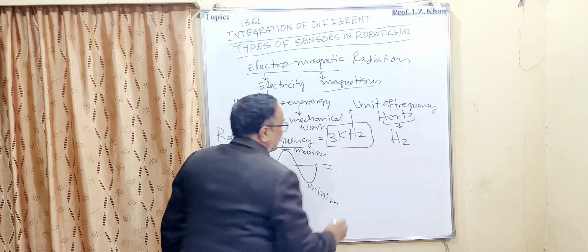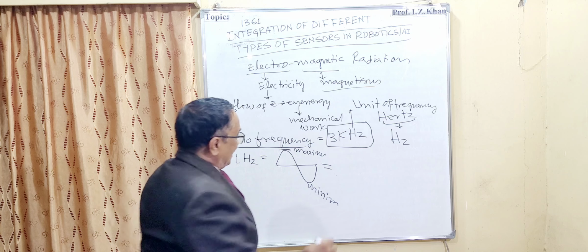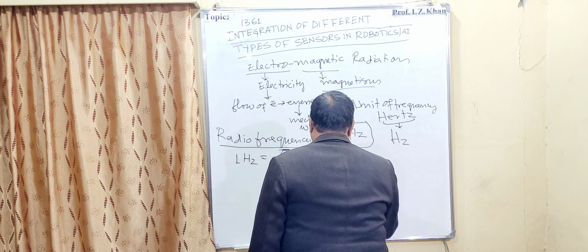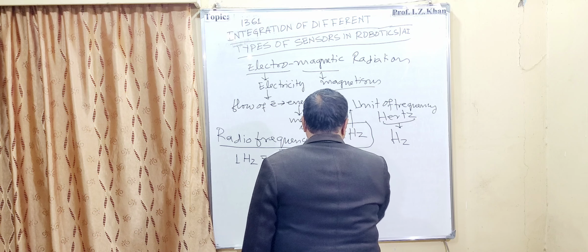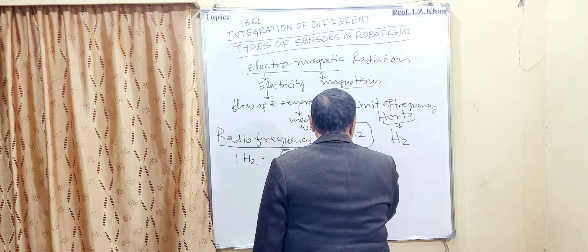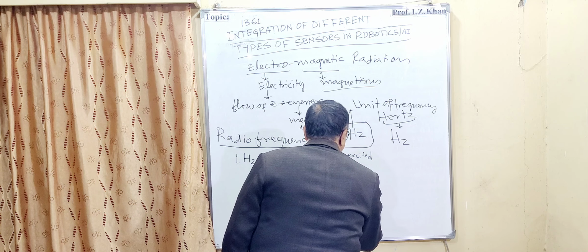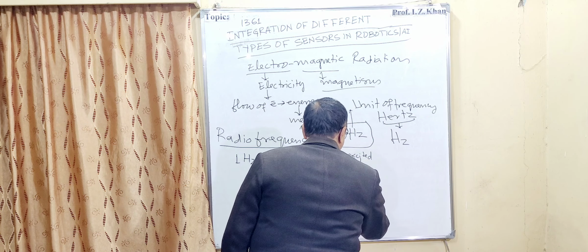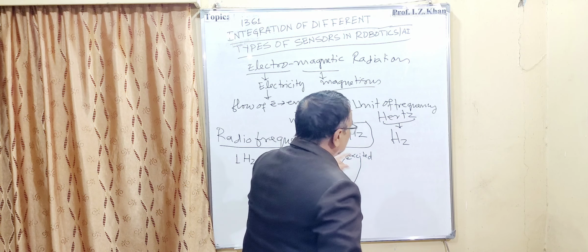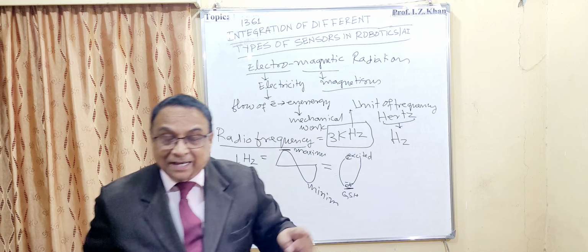Or in other words, we can say that if an electron is in ground state, like here, it has gone to here, excited state, and then again it is coming down to ground state. Means it is making one cycle.